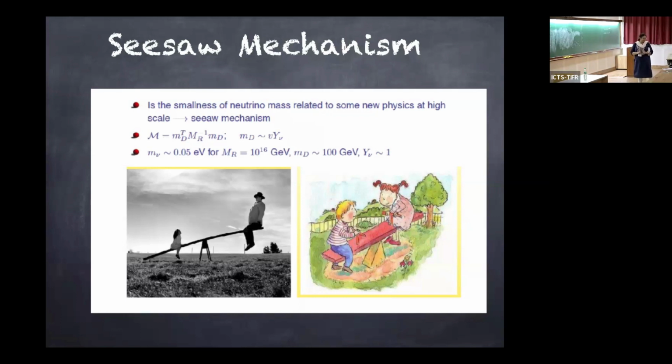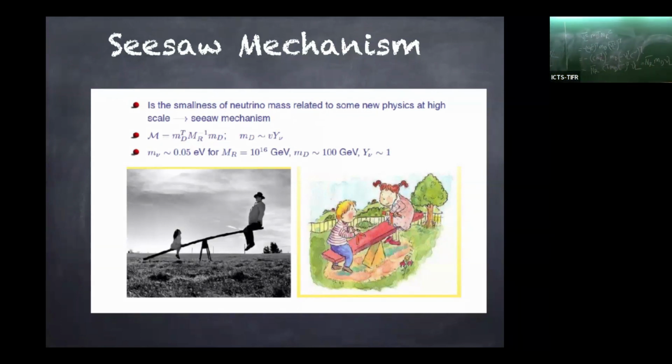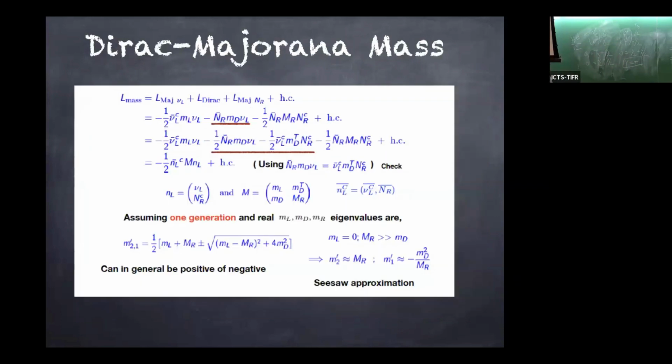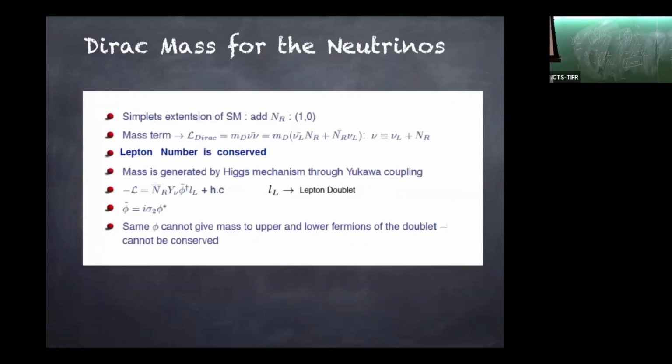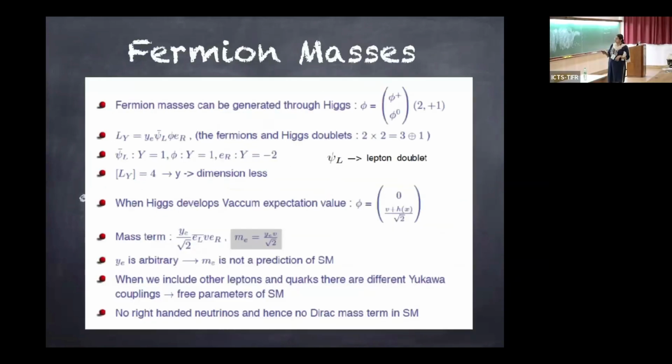Now, I showed you that when we are having the seesaw, then when I added a new R, then I had a term like Y nu V by root 2, which I had for, say for instance, the electron. So for the electron, I said that I have a mass term of this form.